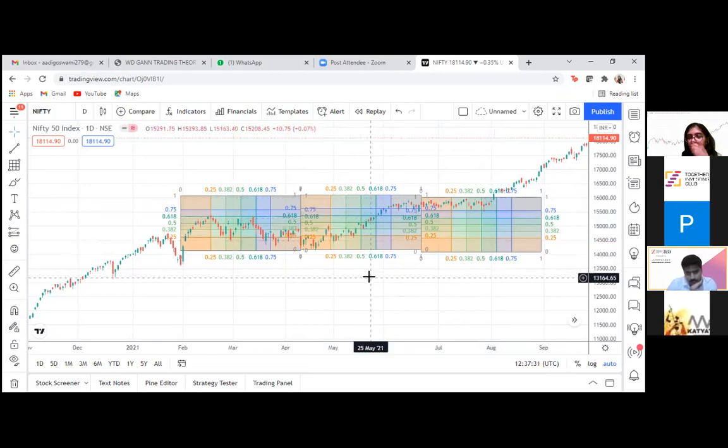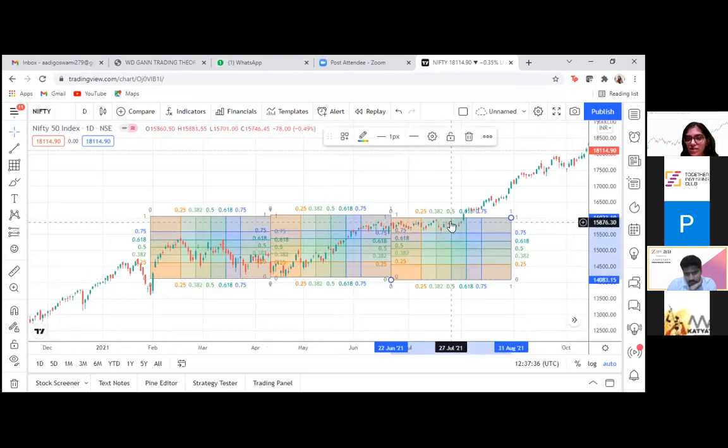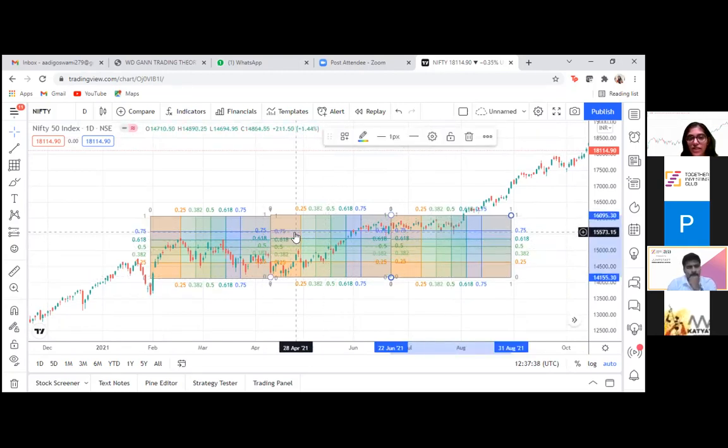So over here, to find the resistance levels, the horizontal lines will now act as resistance, as per the Gann theory.